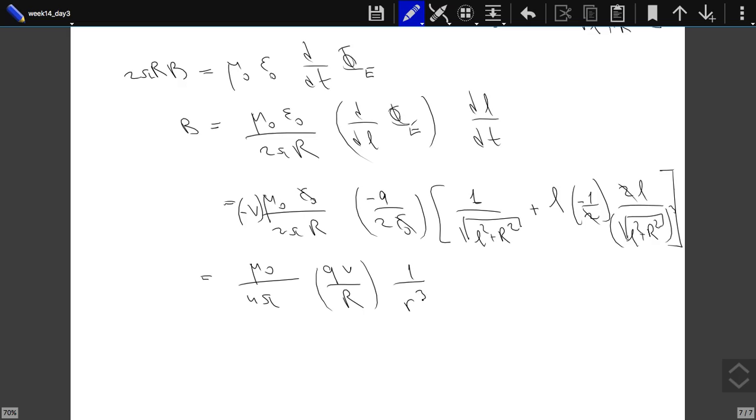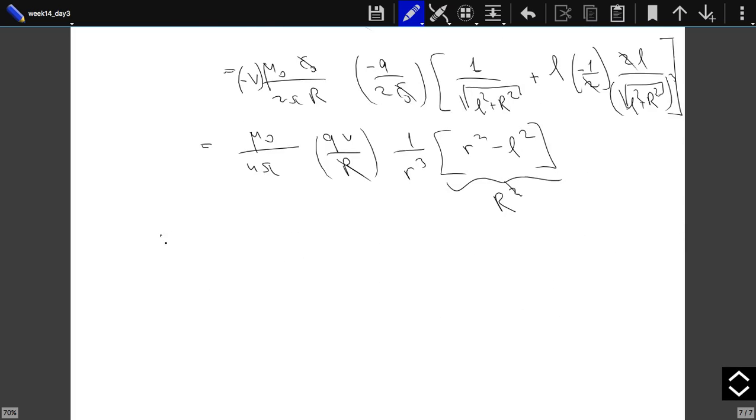You see, this square root of L squared plus R squared is R. So I'm taking out an R cubed. What remains inside is R squared minus L squared. But R squared minus L squared is nothing but capital R squared. So this R cancels one of these capital R's.